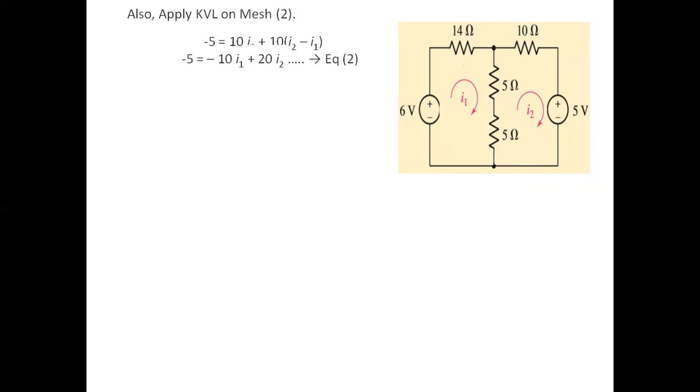You can take minus 5 because in this direction, if you are taking that, it is the opposite direction, right? That's the reason minus 5 is equal to 10 I2 plus 10 (I2 minus I1). So after simplifying, minus 5 equals minus 10 I1 plus 10 plus 10, that is 20 I2, right? So now we got two equations, equation 1 and 2.